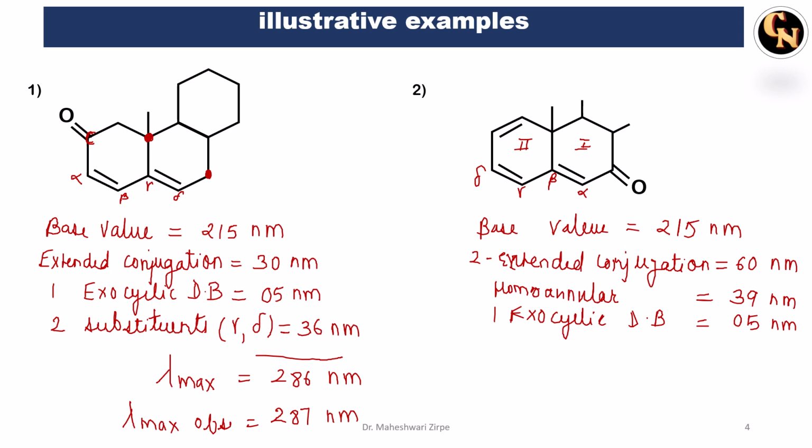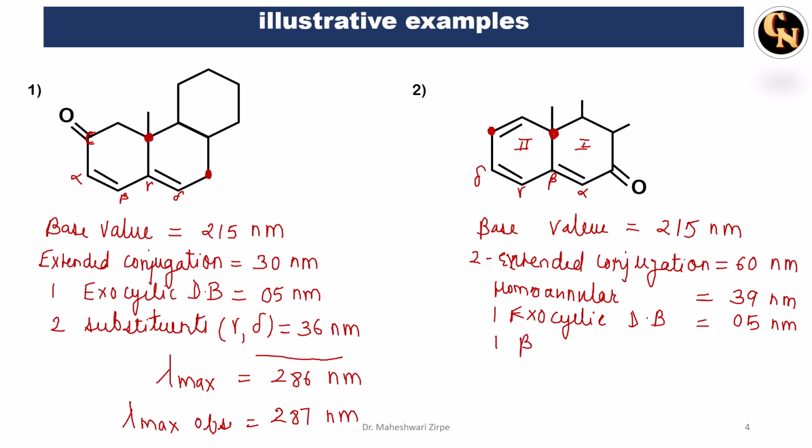Then next, what else do we have? We have one beta substituent. If you see the beta substituent, here is beta. So at the beta carbon you have a CH2 group. Okay, so one beta. At delta we have again a double bond, so you are not going to have that. And as it is a delta substituent, again if you see, we are going to add this. So one beta and one delta.